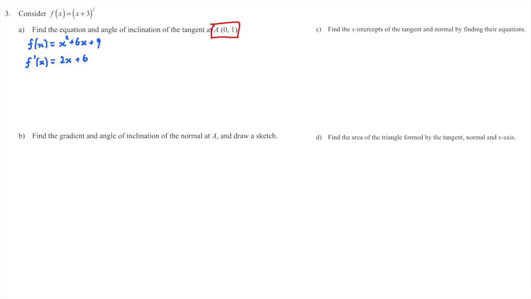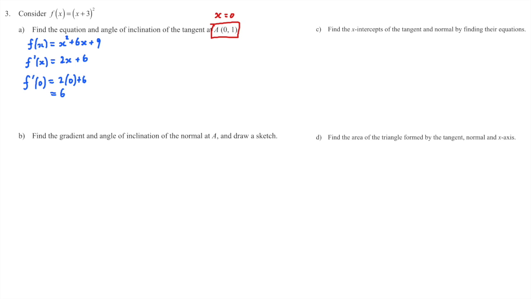X is 0 there, which means I want to find the gradient when x is 0. So f dash 0 equals 2 times 0 plus 6, which is 6. So that means the gradient is 6.